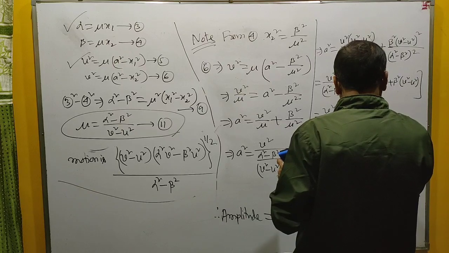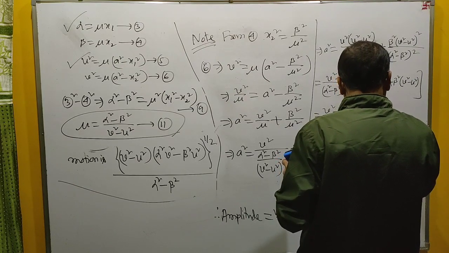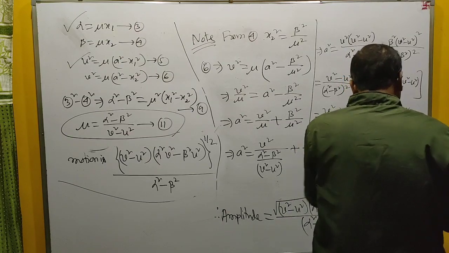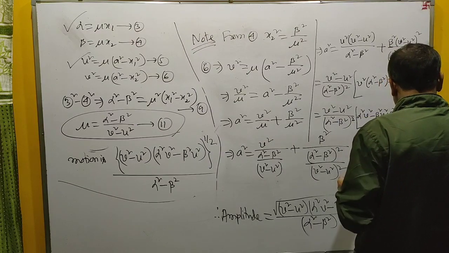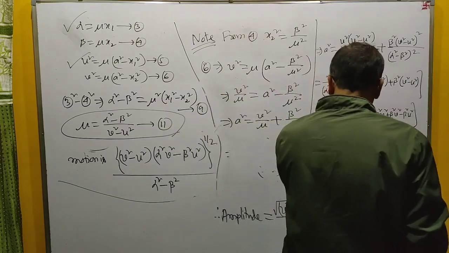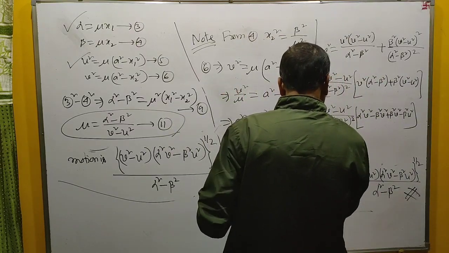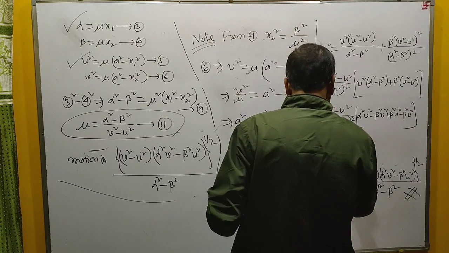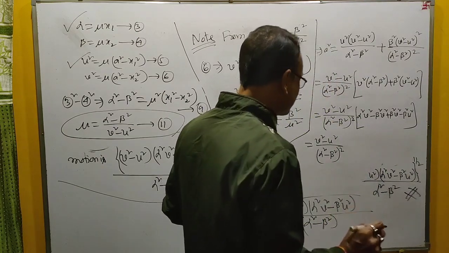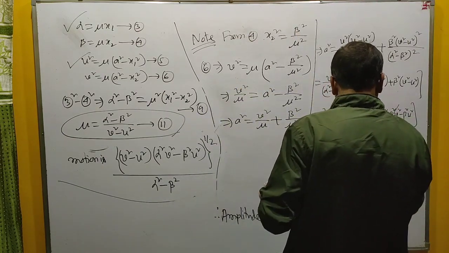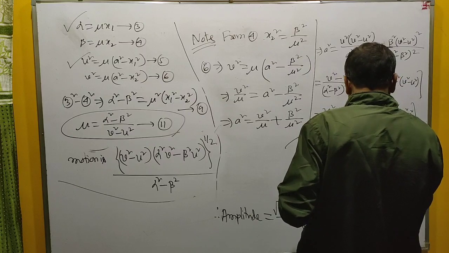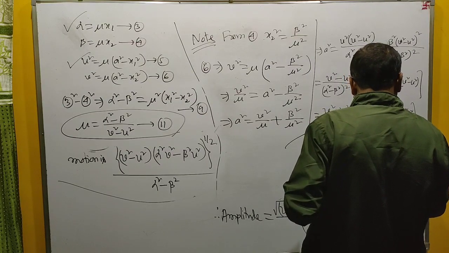It will be alpha square v square minus beta square v square plus beta square v square minus beta square u square. These two terms will be cancelled and it will be alpha square v square minus beta square u square.